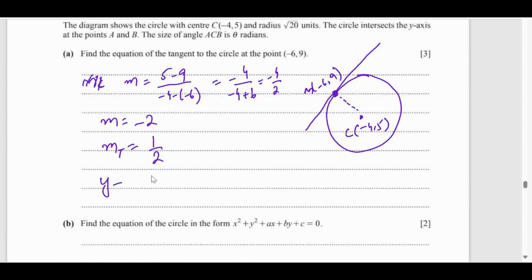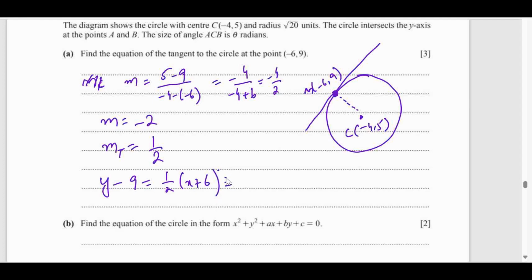So we have a point (-6, 9), and we have the gradient of the tangent line, that is 1/2. So y minus y1 is equal to m into (x minus x1). Now here x1 is minus 6, which means that this will be plus 6.